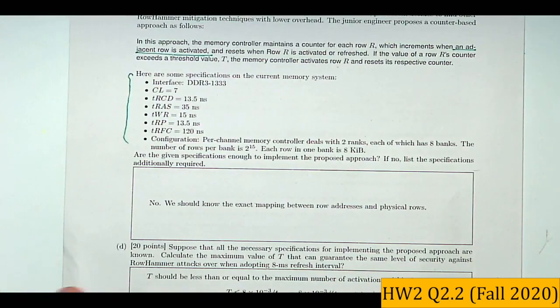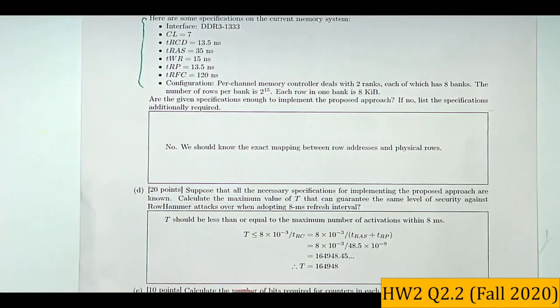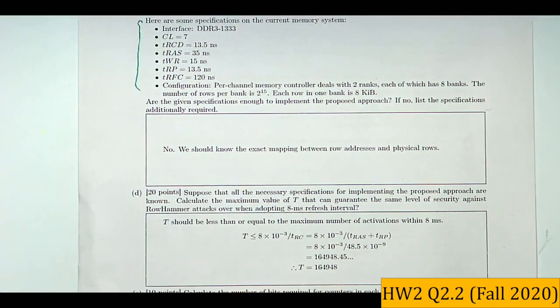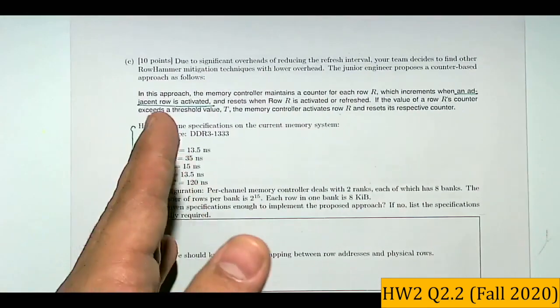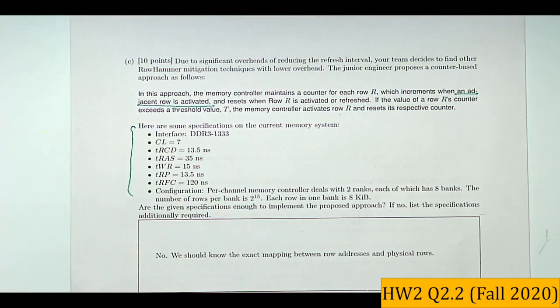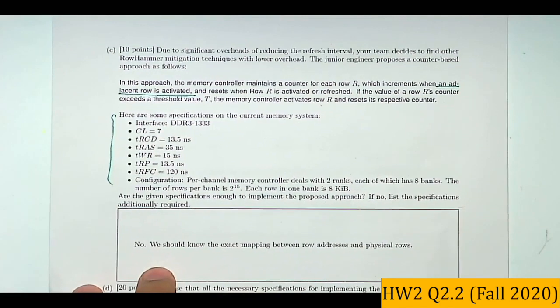It is quite an open question, but it is asking for the essential information to implement this technique.